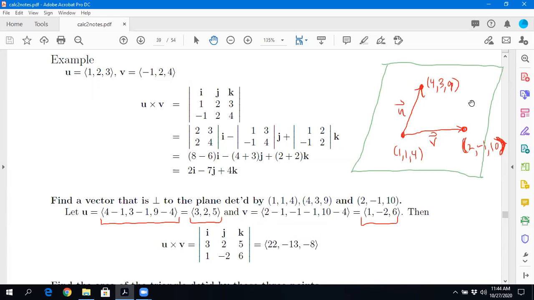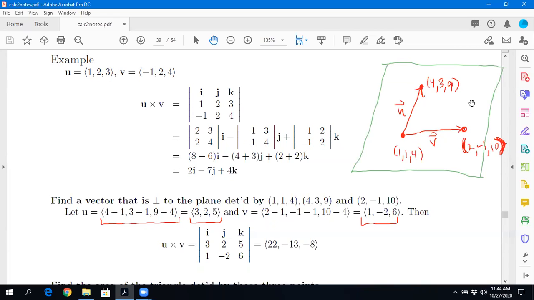It's going to give me a vector that's perpendicular to both of these beginning vectors. U cross V, by the way I've drawn this, I'm thinking of U as going into the board, correct? Which way is U cross V going to point? If this was an accurate geometric depiction here, which way is U cross V going to point?